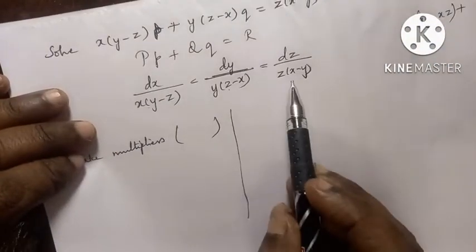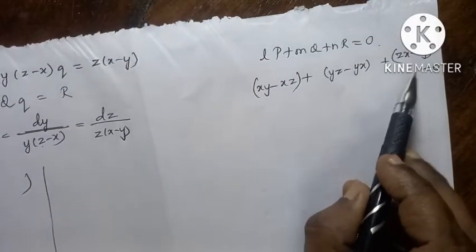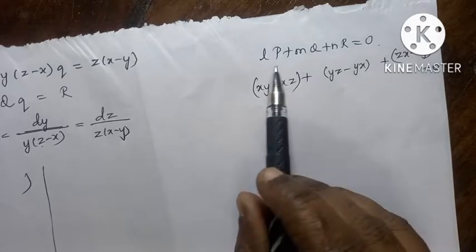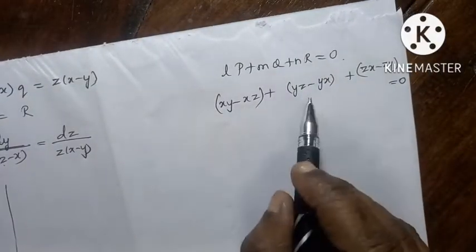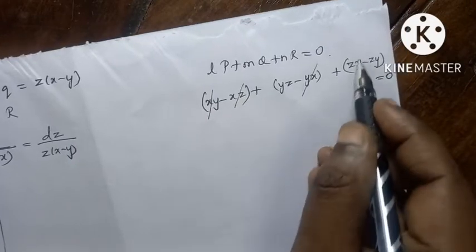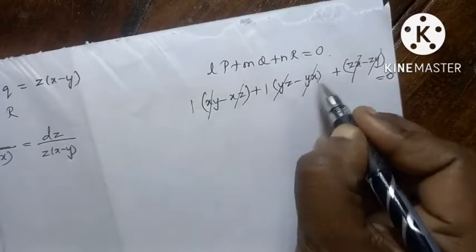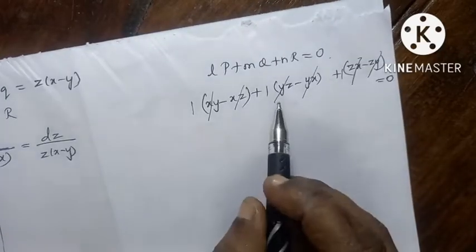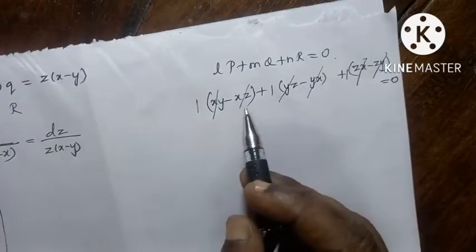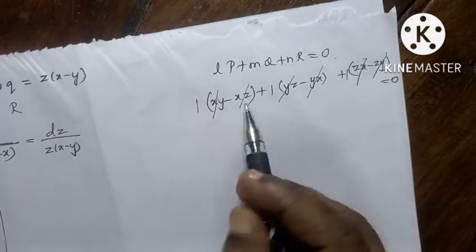The answer must come 0. I have to choose l, m, n which will make the answer 0. It's very clear, if I add simply, it will become 0. See, xy, xy, xz, xz, yz, yz. So the multipliers are simply 1, 1, 1, or 2, 2, 2, or 3, 3, 3, whatever it is, your choice.